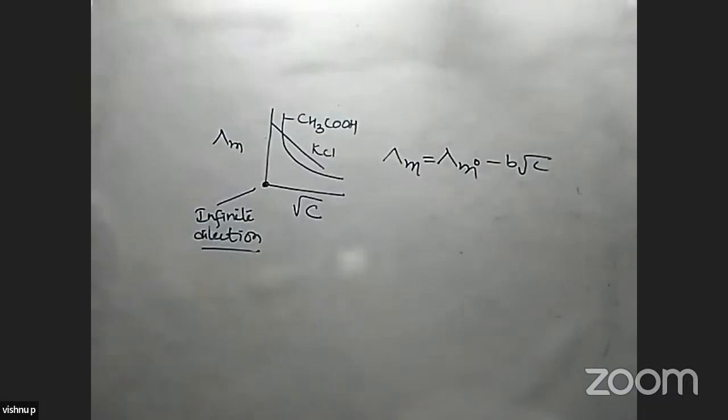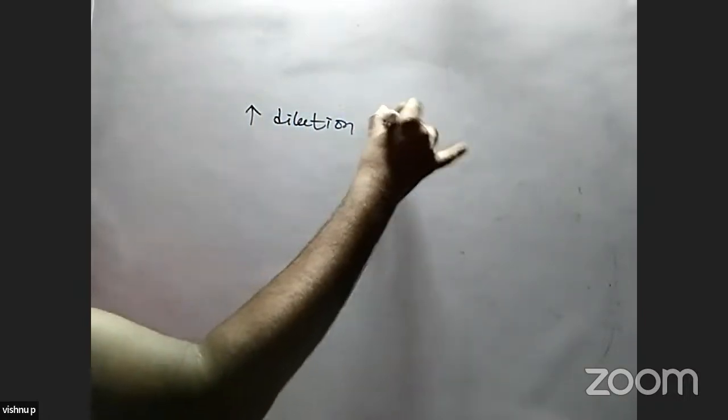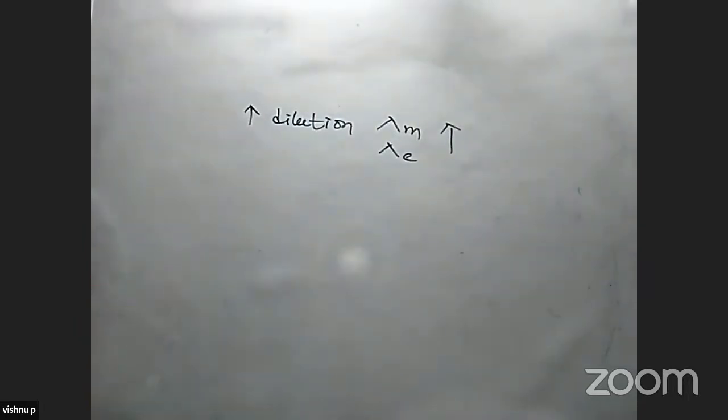At infinite dilution, we add an excess amount of water so that the total electrolyte is dissociated into ions. And with increase in dilution, molar conductivity or equivalent conductivity increases.